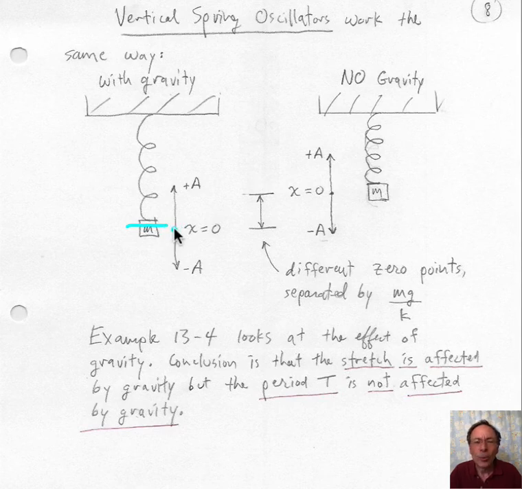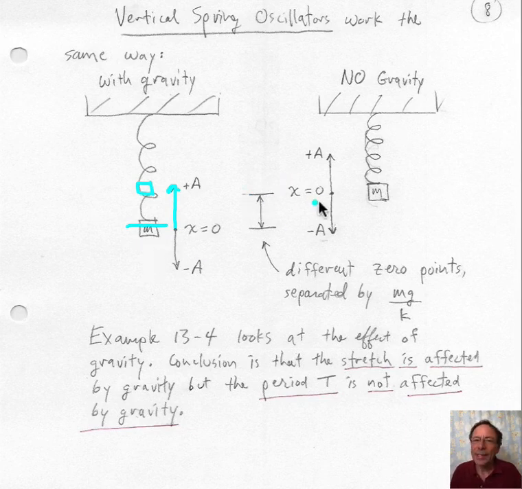And when you decide to, okay, let's make it bounce, so you can either pull it down or push it up. Let's say you push it up to here, and so this displacement here will determine the amplitude of the oscillations. When you let it go, it's going to bounce up and down, up and down.